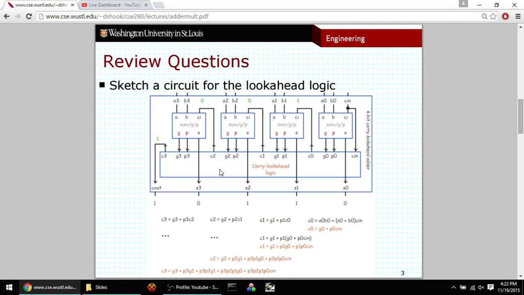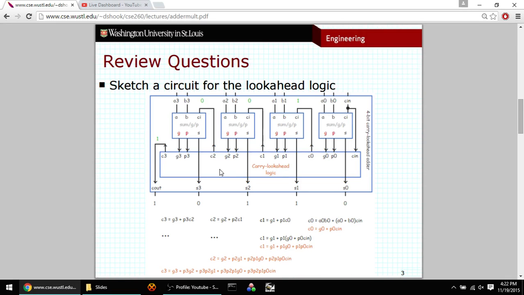Well, consider that C0 we computed as a function already, right? We said C0 is equal to G0 plus P0 Cn, right? And so we're going to get this value a lot sooner than we're going to get this value.